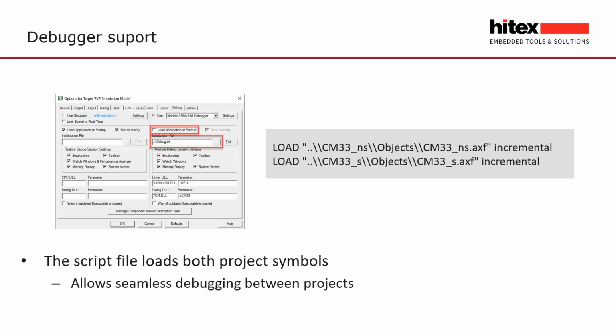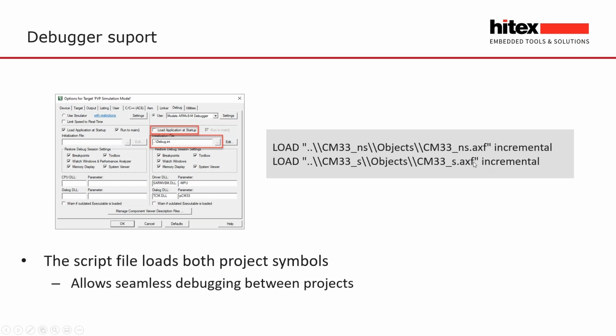So we can be running code in non-secure. When we jump to the secure region, we still get C-level debugging. This is done by the load command, and then this additional keyword on the end, incremental, basically means add the symbol sets together. So this now gives us a complete debug view across both projects.